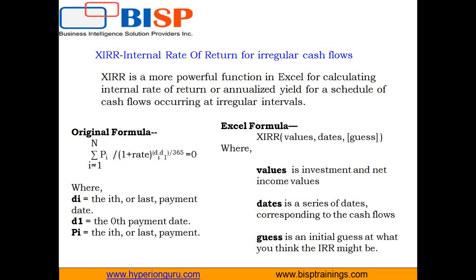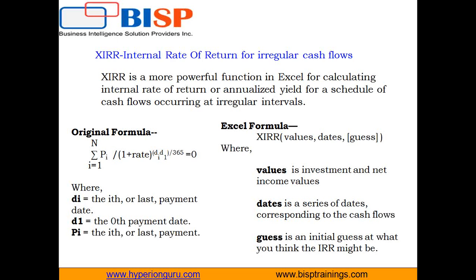The first date is the start of the loan or investment period, and the subsequent dates refer to the income values. Therefore, subsequent dates must be later than the first date. Problems can occur if dates are not entered in the right format. XIRR will return the #VALUE error. Next is the guess value. It is an optional argument which, if omitted, takes on the default value of 10%.